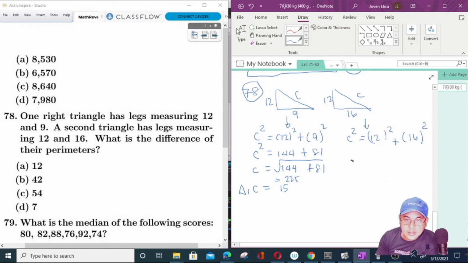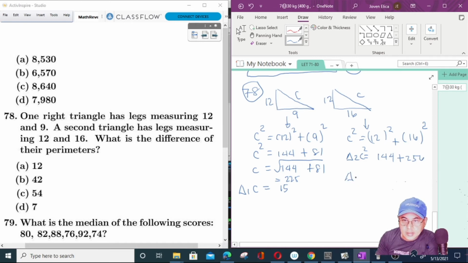And the second triangle, 144 plus 16 squared is 256.